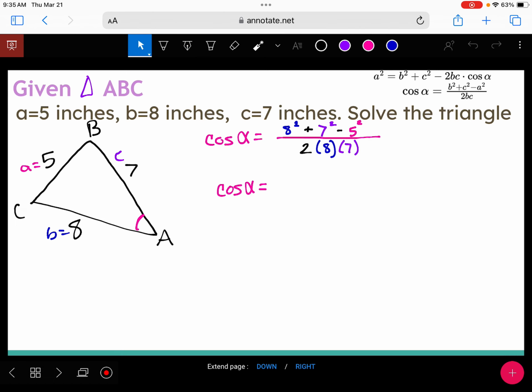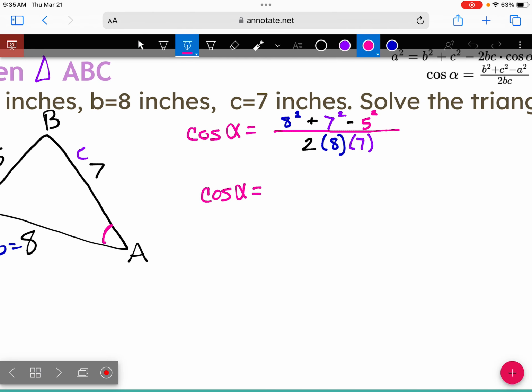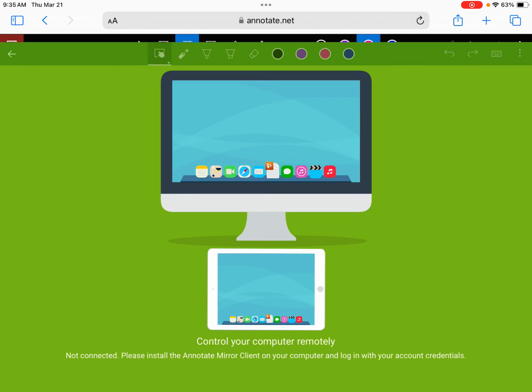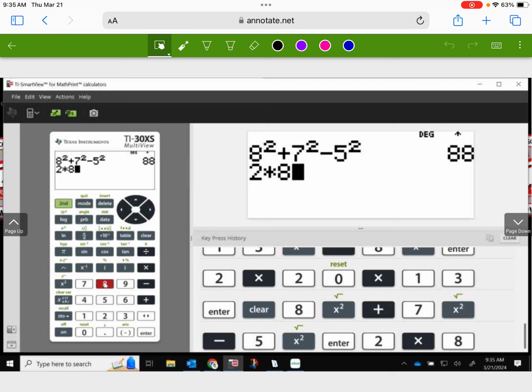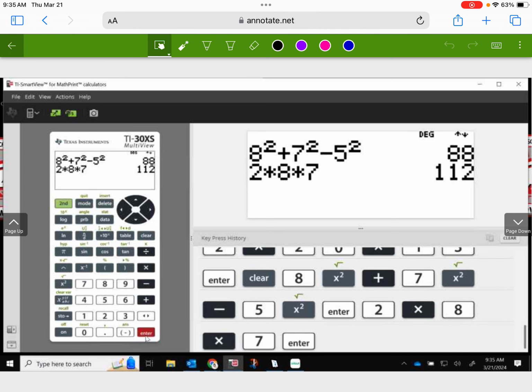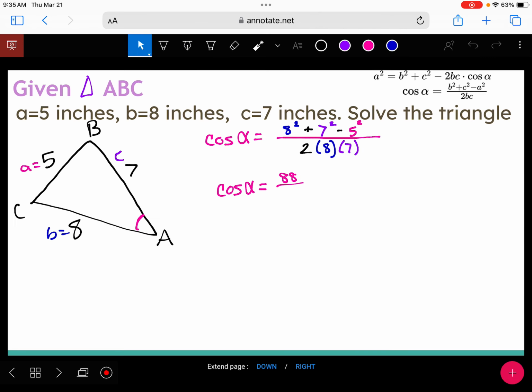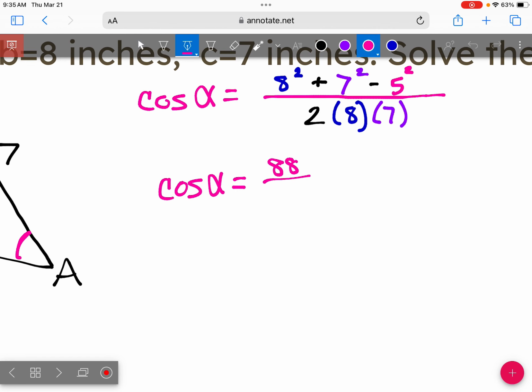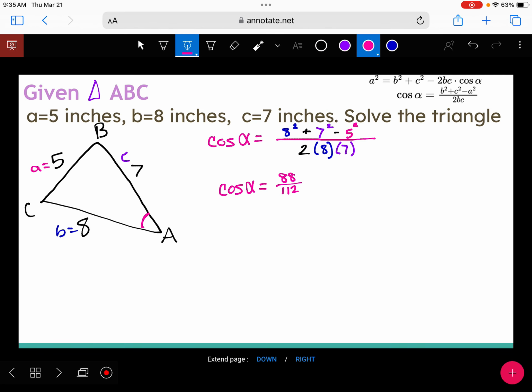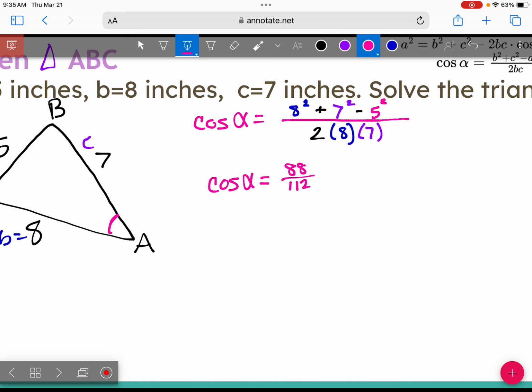And we get 88. And then we're going to do our 2 times 8 times 7 to get 112. And to get our measurement of alpha, we take our inverse cosine.